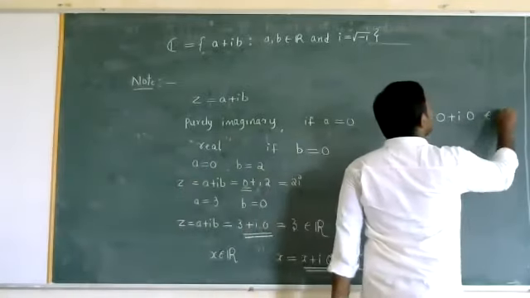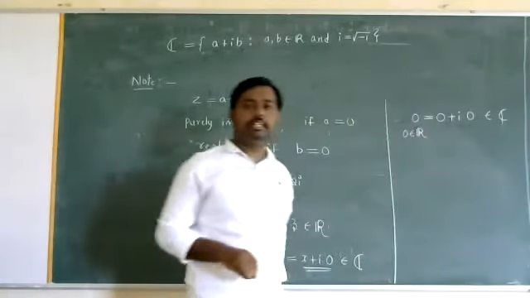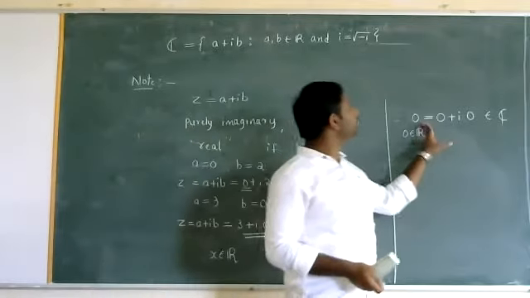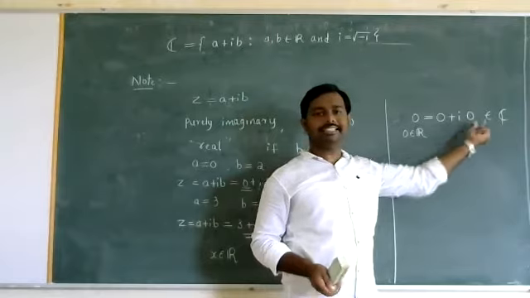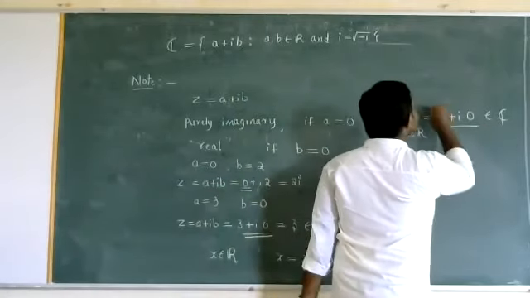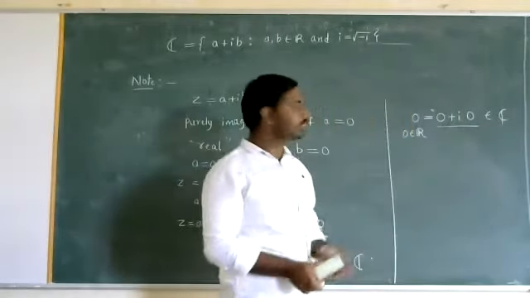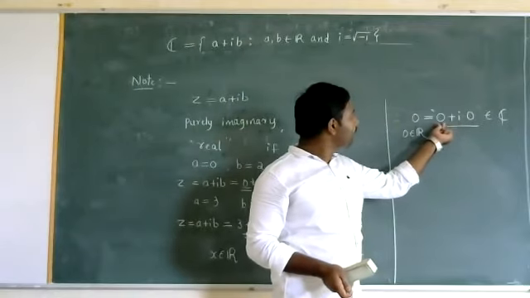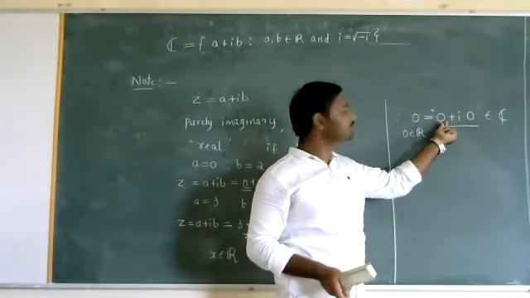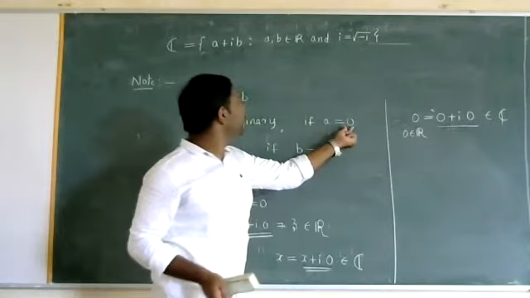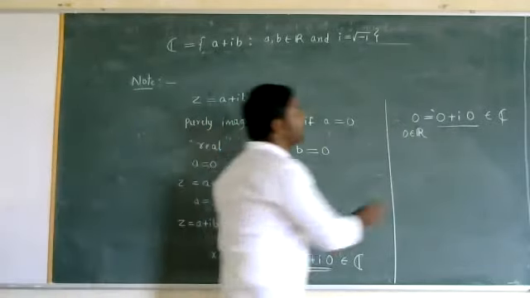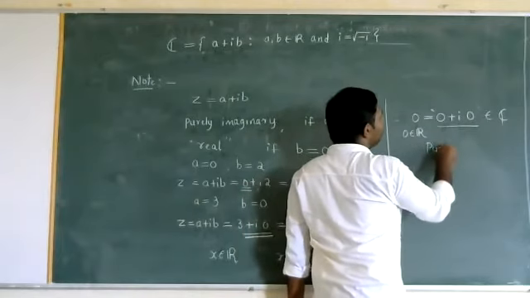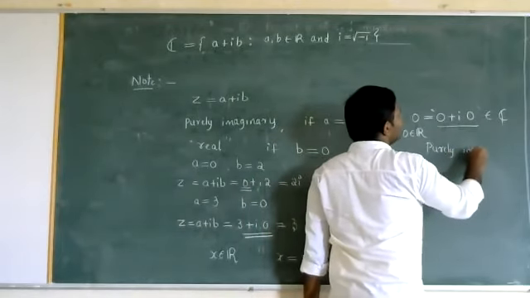It is a complex number. So 0 is also a complex number with the form 0 plus i0. And in this form, observe that the real part of this complex number is 0. If the real part of a complex number is 0, it is called purely imaginary. So it is purely imaginary.